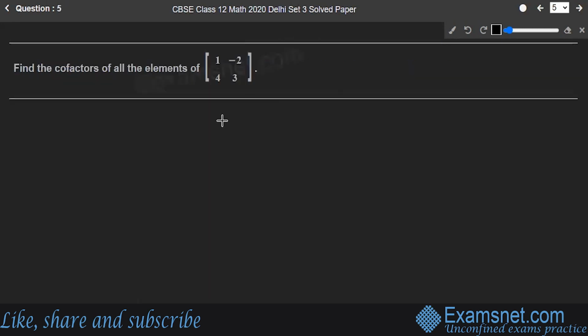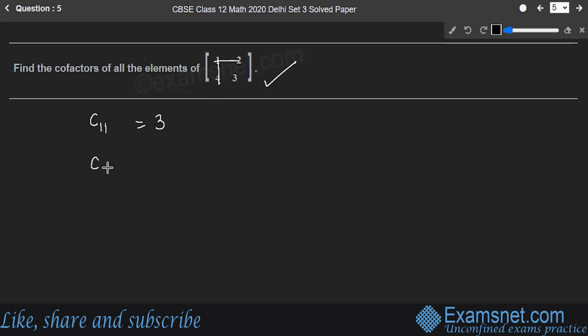Hope you understood that. Next, question number 5. You have to find the cofactors of all the elements of this matrix. So this is actually very easy. Let's write down the first cofactor, C11. I'm leaving the first row, first column. It is equal to 3.